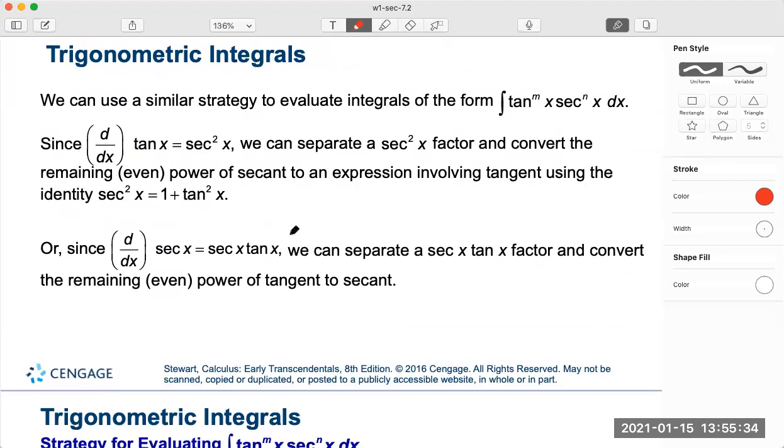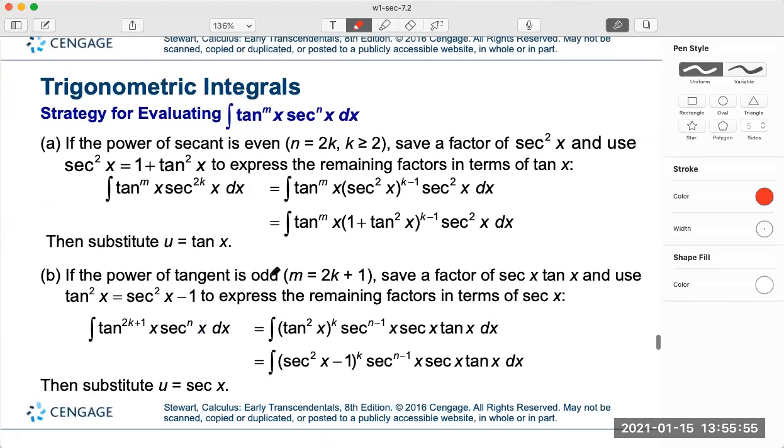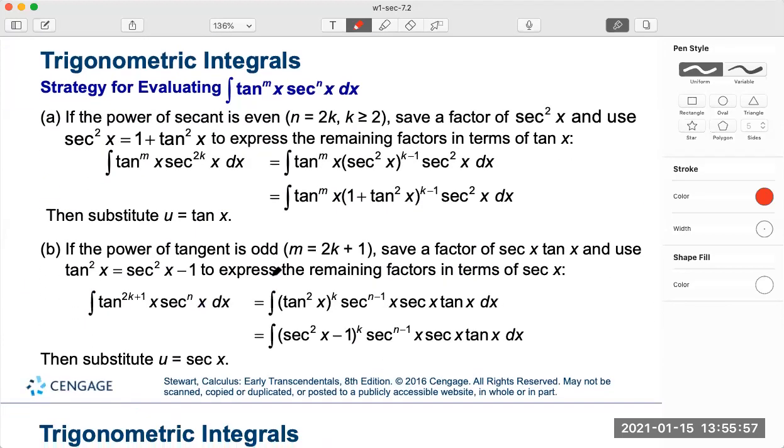So for trig with tan and secant, it's similar to sines and cosines, but the relation is a little bit different here. Secant square equals 1 plus tan square, and you can take a look at the notes I gave you already.